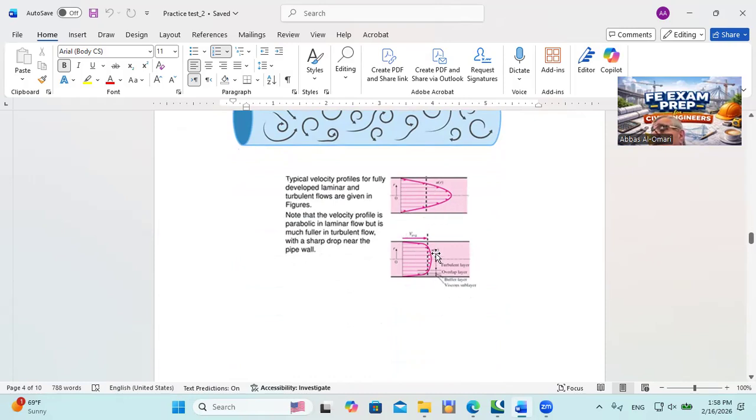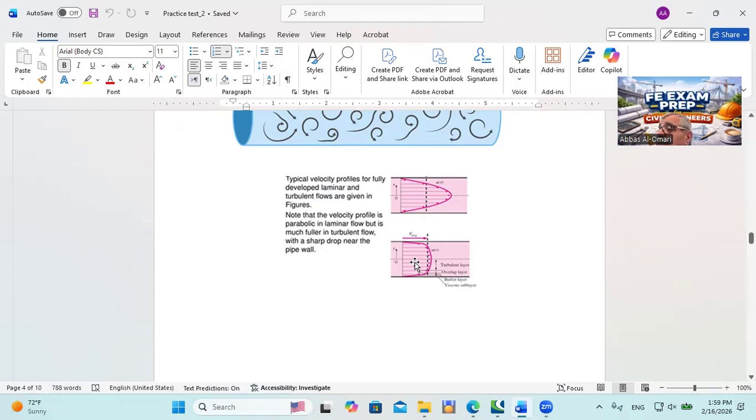In turbulent flow, the velocity across the section is almost uniform. We know that viscous forces, or shear forces, depend on the velocity gradient. So in laminar flow, viscous effects become important, and in turbulent flow, viscous effects are not important.